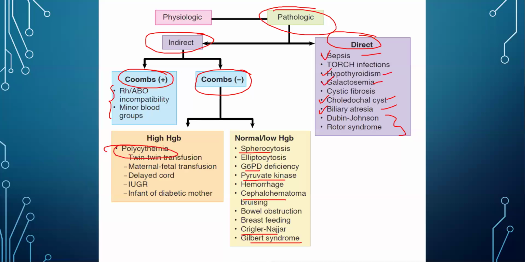It could be even polycythemia. So that's how you will come to a conclusion about what could be the cause of neonatal jaundice. Not all of these are important for the exam. The important ones we will discuss. Okay. So far, everyone clear?